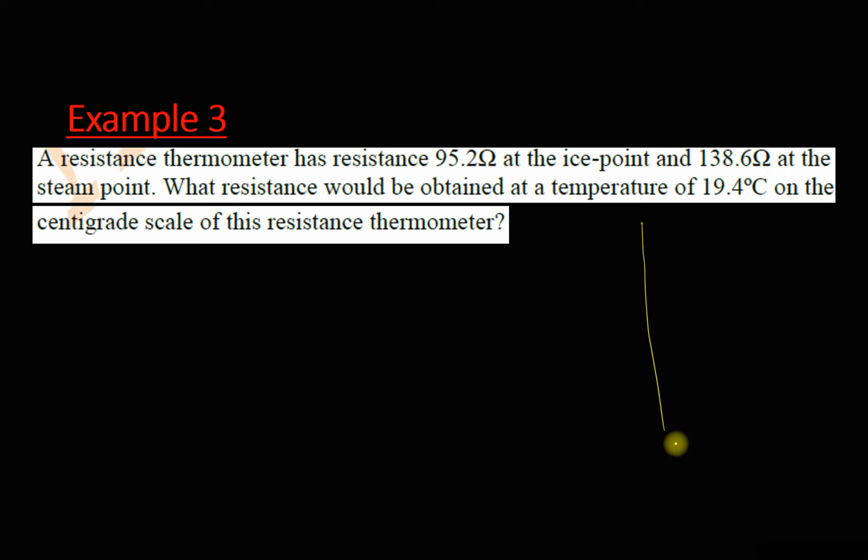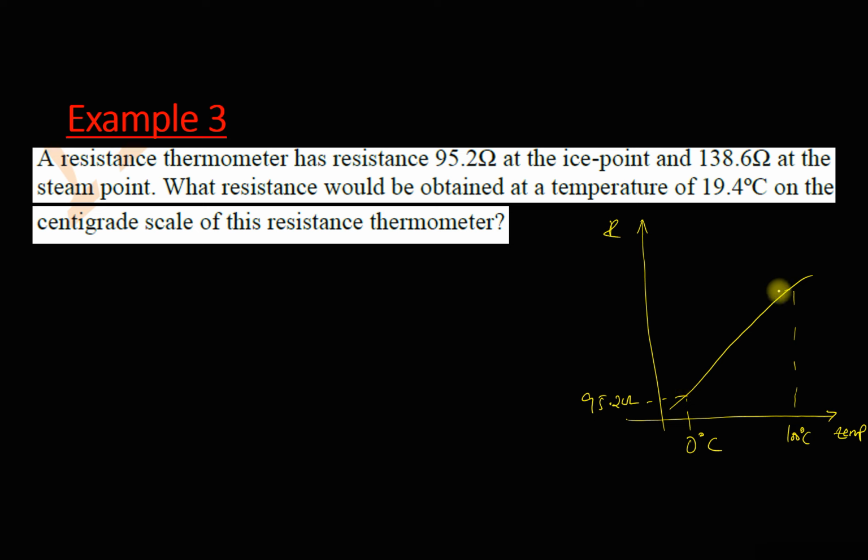So I'll sketch the graph again for guidance. This is the calibration graph. Assuming the variation is linear, this is going to be at 0 degrees Celsius. Let's say this is at 100 degrees Celsius. This is temperature against resistance. So at ice point, the resistance is 95.2 ohms.